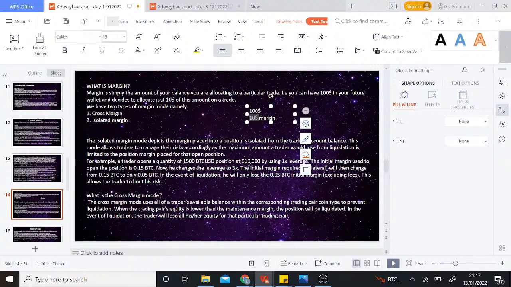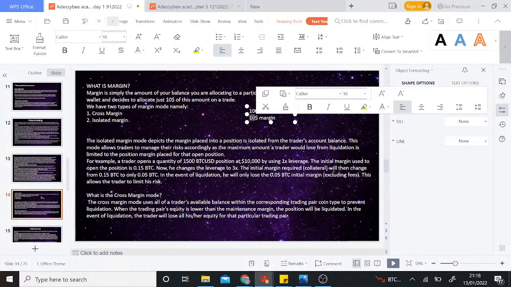Now we have two types of margin. We have cross margin and we have isolated margin. Now the isolated margin mode depicts the margin placed into a position is isolated from the trader's account balance. This mode allows traders to manage their risk accordingly. This isolated means that this $10 is the only money you are using for that trade.